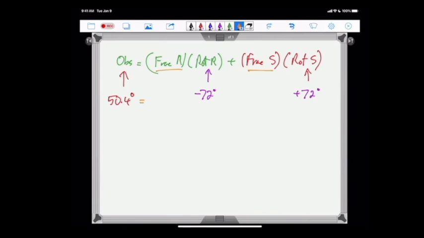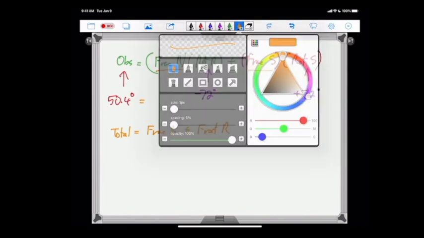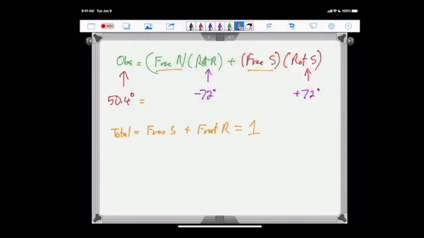Now in this case, we have two unknowns, but remember, the total sample must equal the fraction S plus the fraction R, and we can say that's equal to 100% or 1. Whatever the decimal value of each of these, they must add up to a total of 100% or 1.